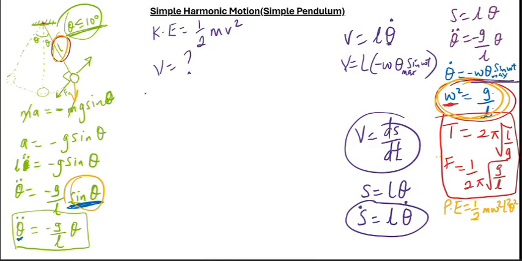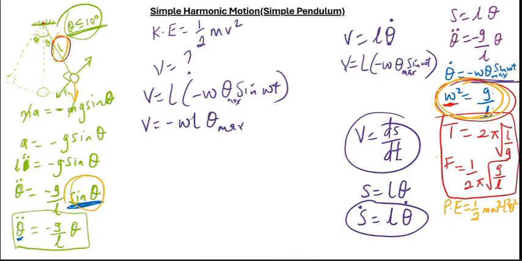If I bring it here, we have V equals L minus omega theta max, that is our maximum angular displacement, sine omega t. Then we can open up the bracket, saying V equals minus omega L theta max sine omega t. This sine omega t is not what we have from the beginning of the equation. We know that we have theta equals theta max cos omega t. Then how can we change this?